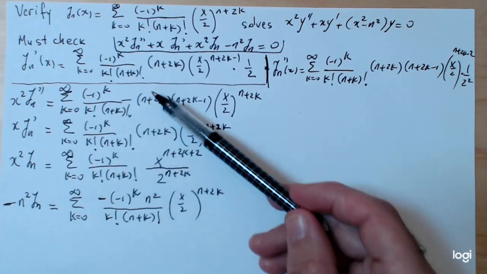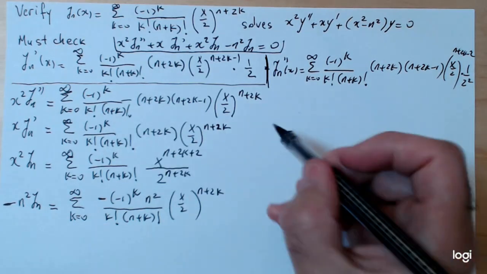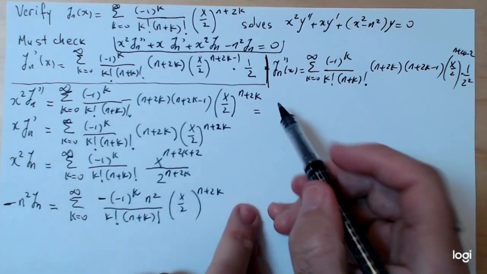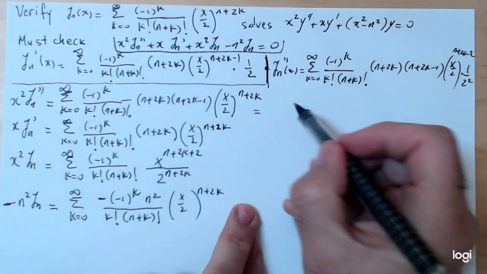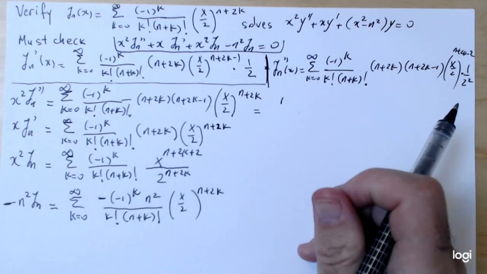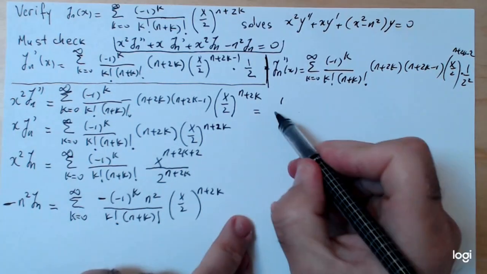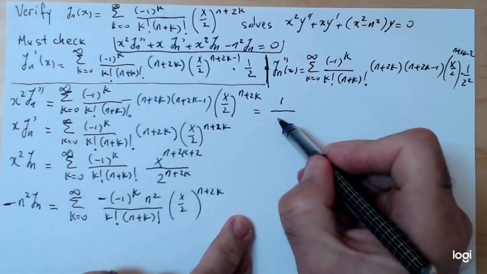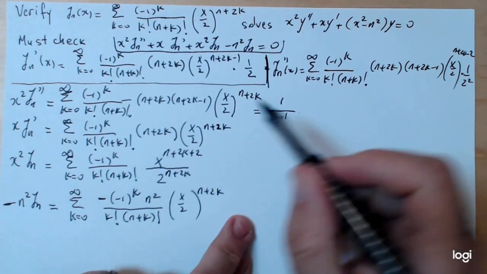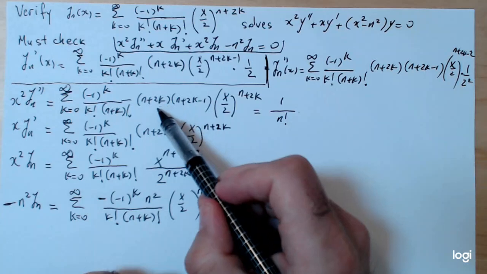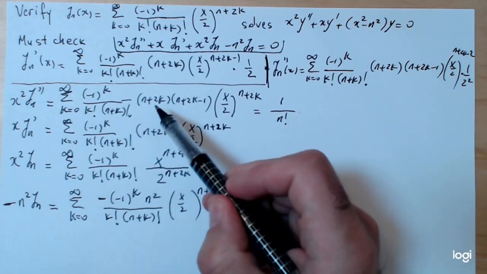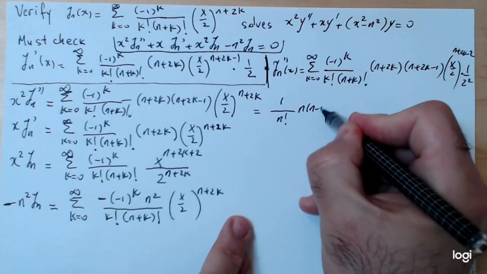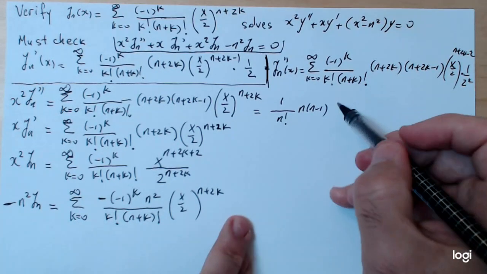Okay, so for the first, second, and fourth, we're going to write the first term outside the summation. When k is equal to 0, we have minus 1 to the 0, which is 1, over 0 factorial n factorial. So that's just 1 over n factorial. K is equal to 0 in the beginning, so I'm going to have n minus 1, and then x over 2 to the n.